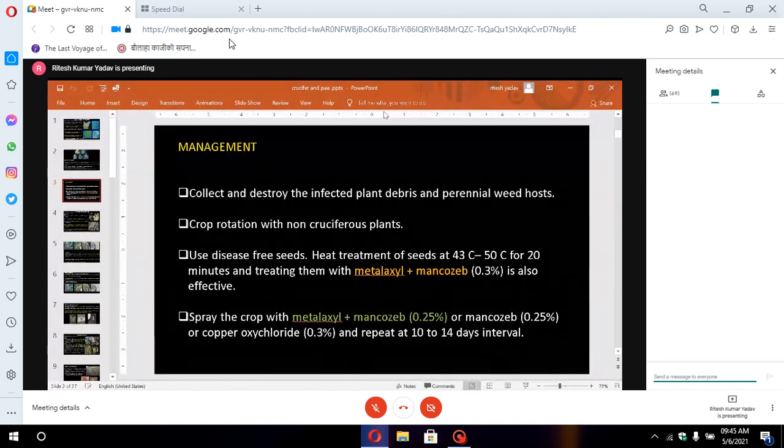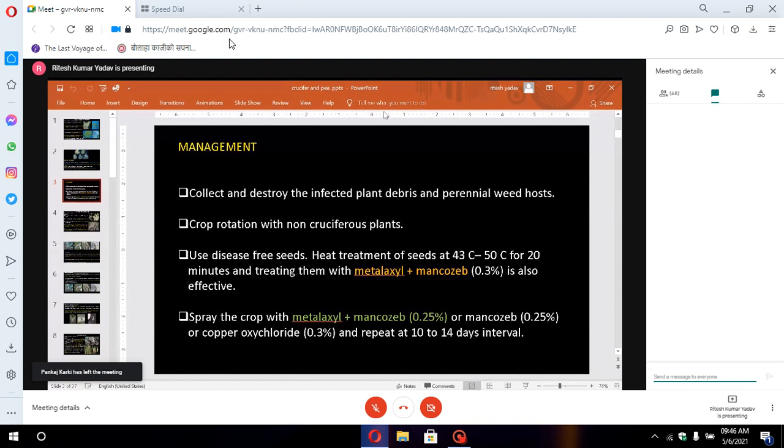That's at the rate of 3 gram per kg. And when conditions are very humid, foliar spray with contact fungicides such as DM45, which is mancozeb. The active ingredient is mancozeb. Those are recommended at the rate of 0.3% or 0.25%.